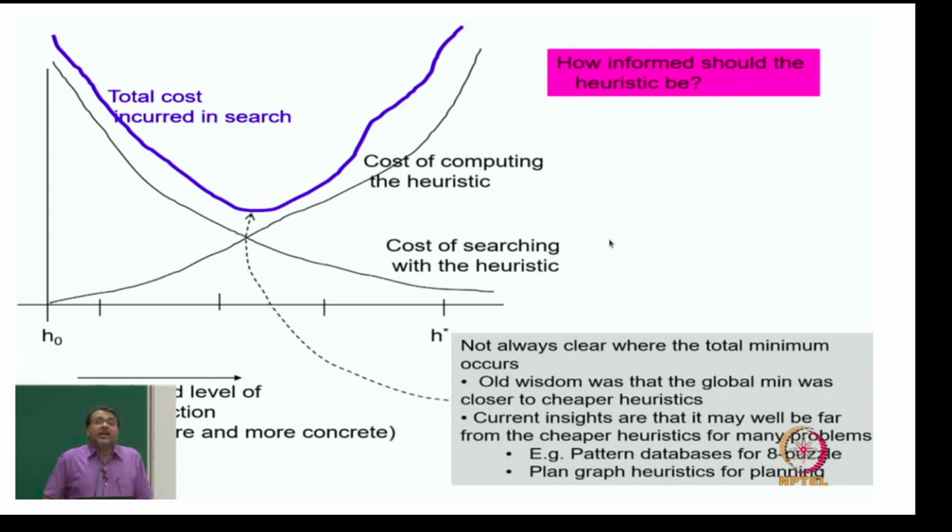But here we have some information, and we are going to exploit it in the form of knowledge: from that node to the target node, how much it is going to cost. So this is what the heuristic function represents.